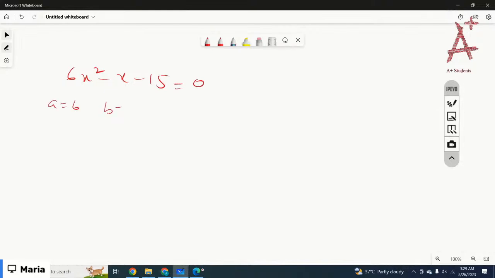So a equals 6, b equals negative 1, c equals negative 15, right? You have to apply the quadratic formula. The quadratic formula is x equals minus b plus minus square root b square minus 4ac divided by 2a, right?